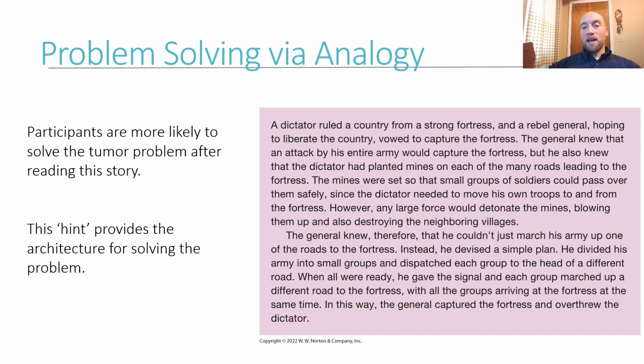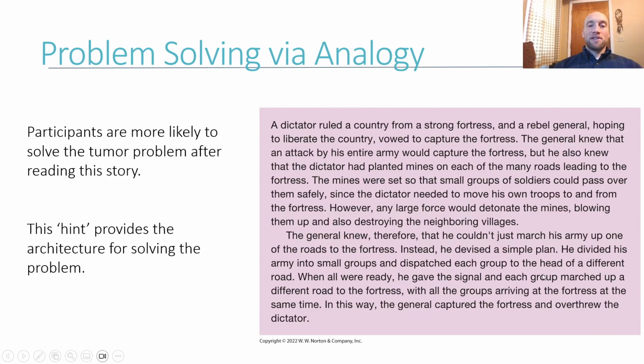I honestly haven't read this prompt in a while, but the main reason the prompt is given to people, and they're not even told that it has any relationship with the tumor problem, is that people who are presented with this prompt and then the tumor problem are far more likely, to a very significant degree, to solve the tumor problem more quickly and more accurately.